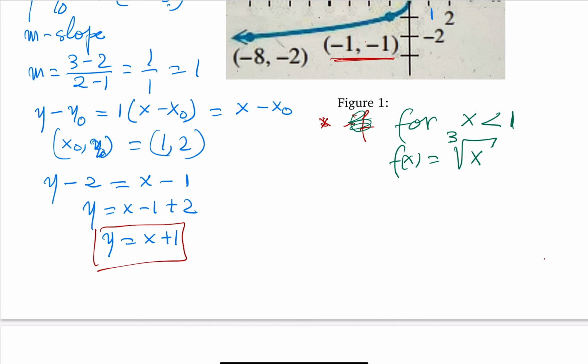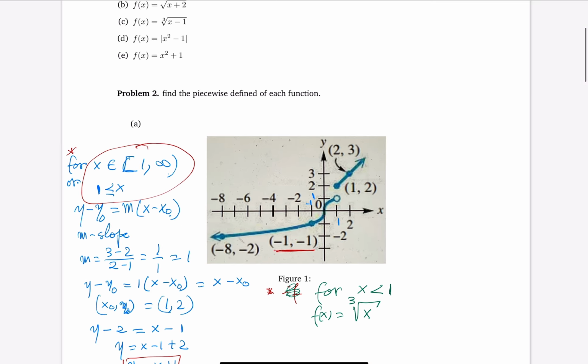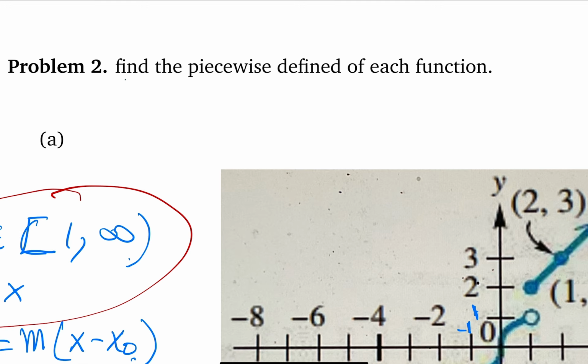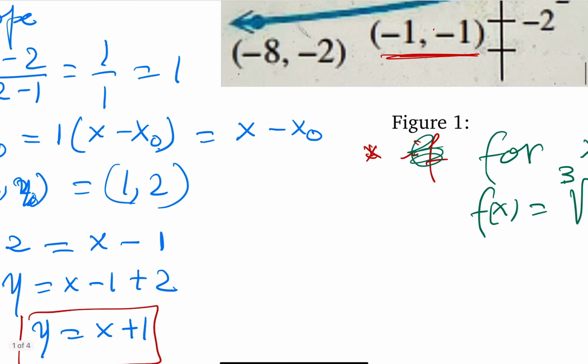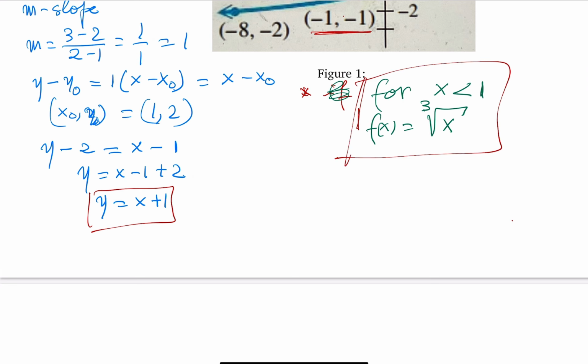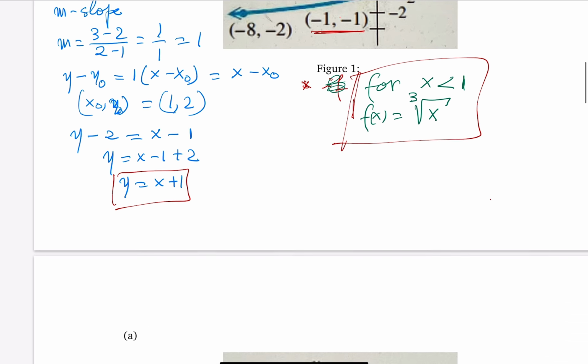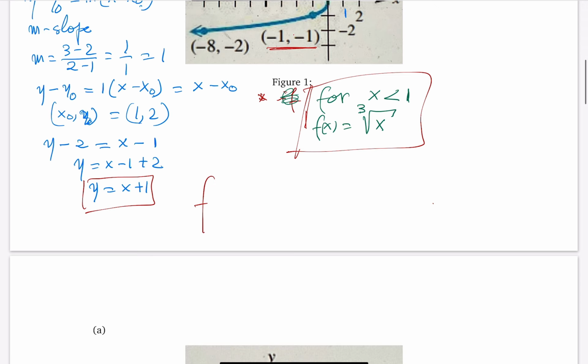So for our piecewise function, that question was to find the piecewise function here. That was our main question. Since we have two pieces, this one with x less than 1 and this one, the piecewise function is, look, f(x) is equal to the cube root of x. Make sure you put the 3 here.